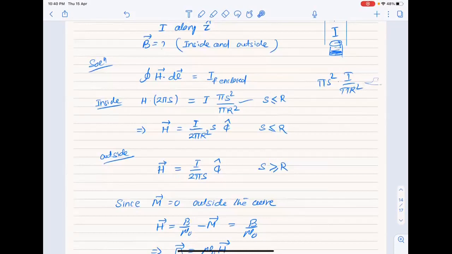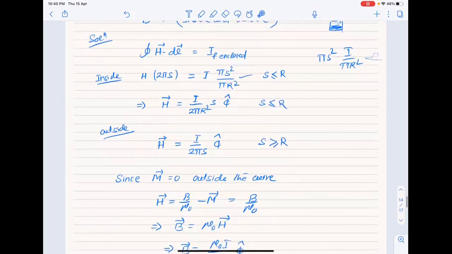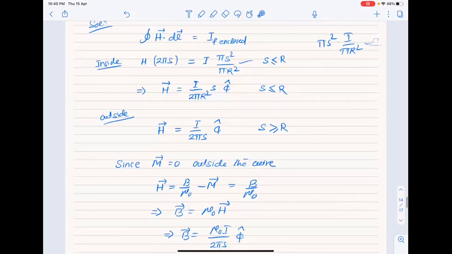So your M equals 0 outside the cylinder. And for that reason, now you can write H equal to B over mu 0 minus M, where M equals 0. So H is equal to B over mu 0, which means B equals mu 0 H. That is your field outside. And that B is nothing but mu 0 I over 2 pi S phi cap. That's your field outside.